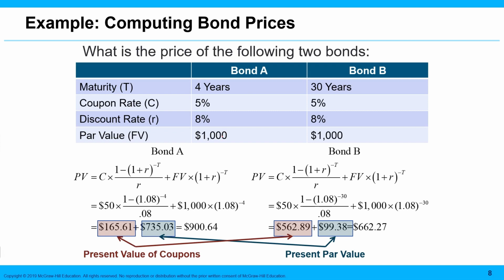So we can calculate the present value of coupons for those two bonds, denoted in the red circles here, and we can also calculate the present par value for these two bonds, denoted in the blue circles.